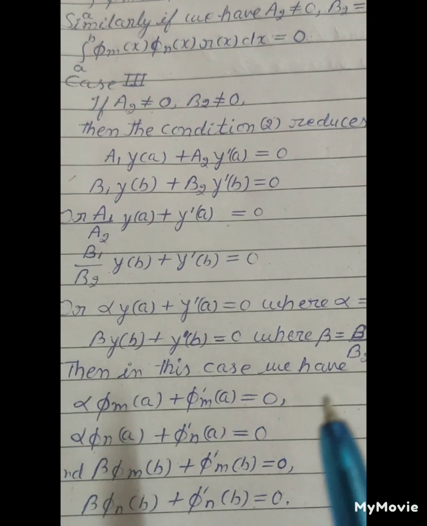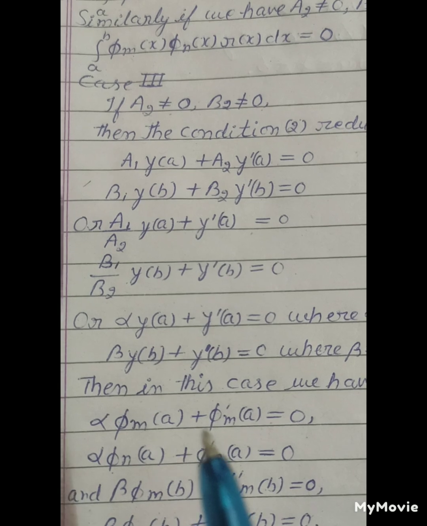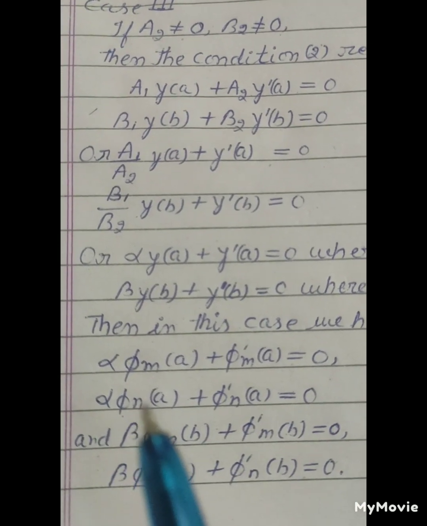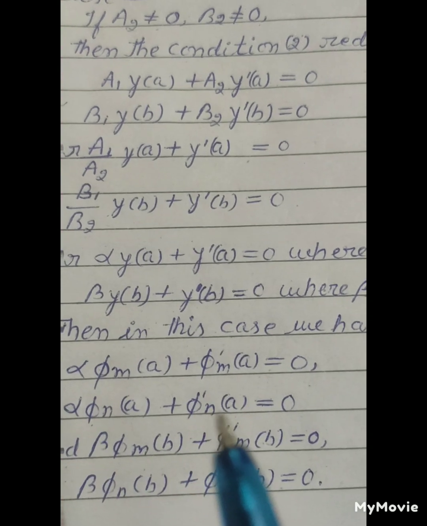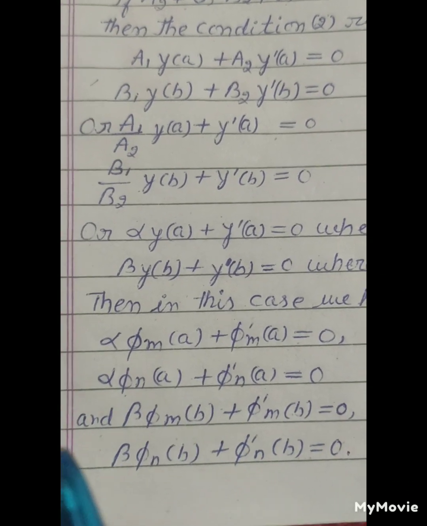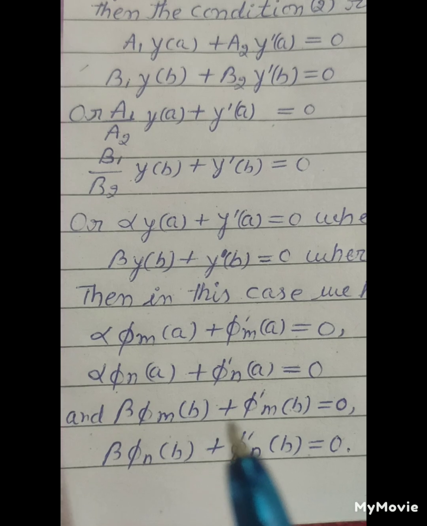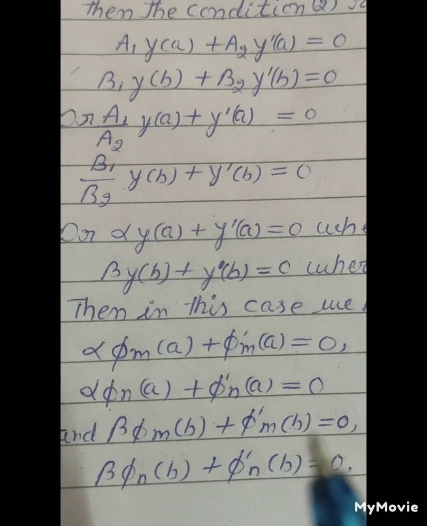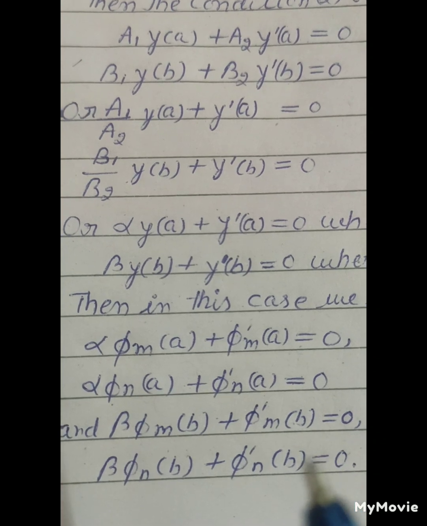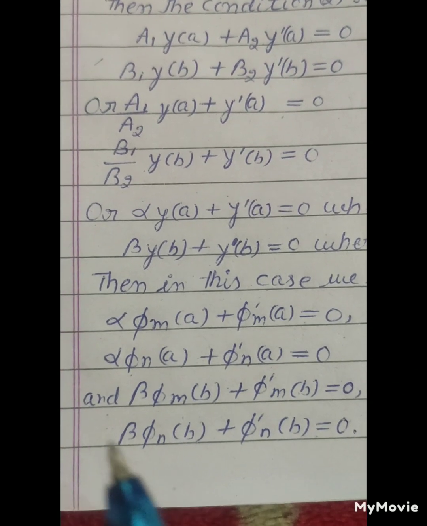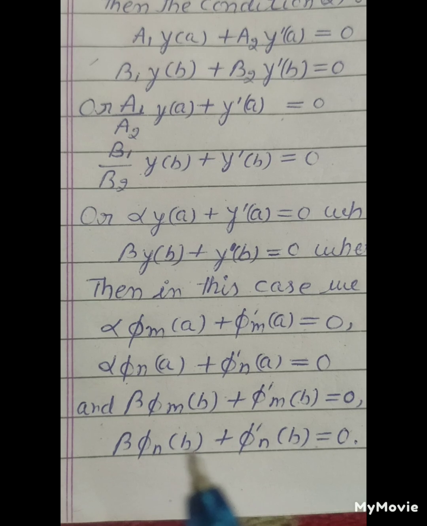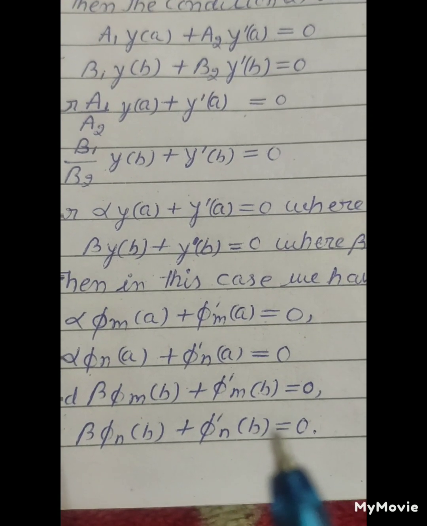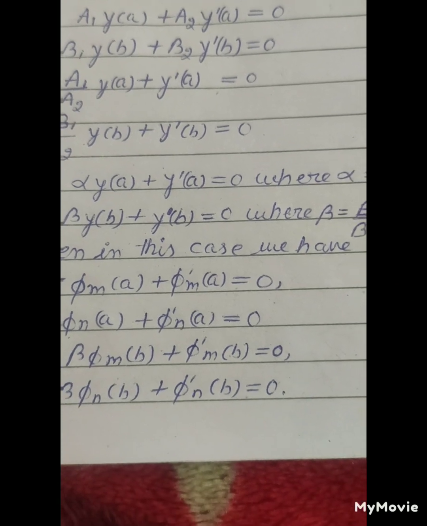Then in this case we have α φm(a) plus φm'(a) equals 0 and α φn(a) plus φn'(a) equals 0, and β φm(b) plus φm'(b) equals 0, β φn(b) plus φn'(b) equals 0.